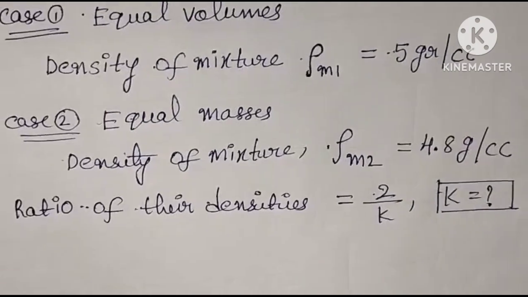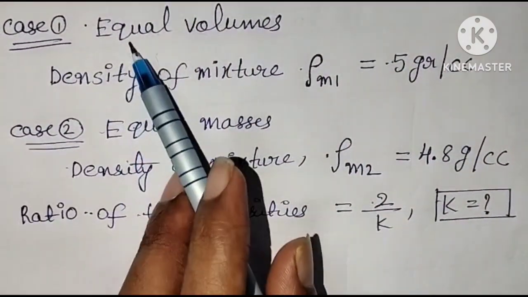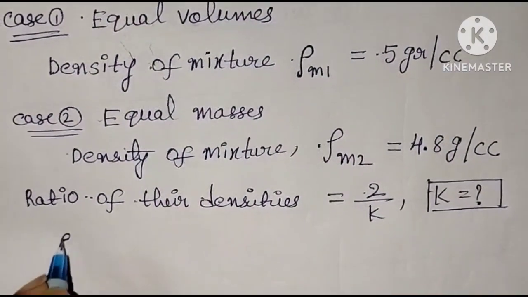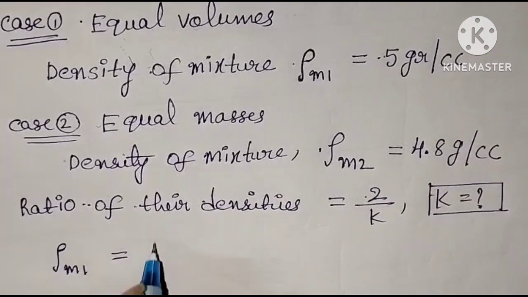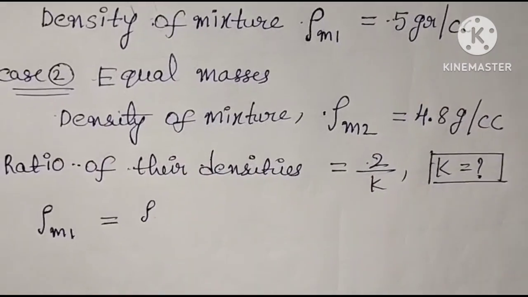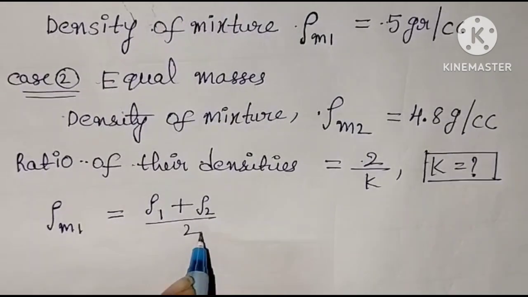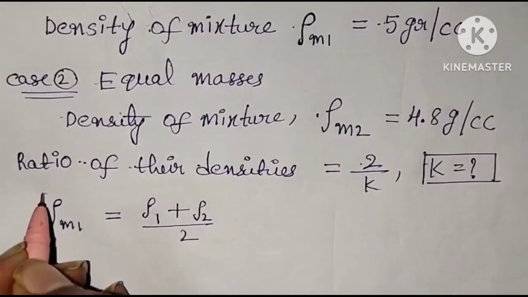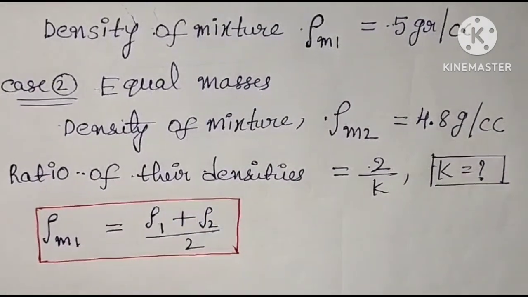Now, suppose two liquids are mixed in equal volumes, what is the formula for the density of the mixture rho m1? With density of liquid 1 as rho 1 and density of liquid 2 as rho 2, it is rho 1 plus rho 2 by 2. This formula is useful when two liquids are mixed in equal volumes.